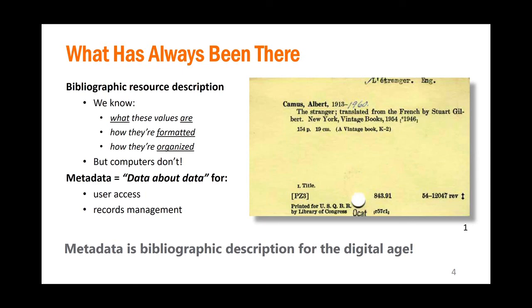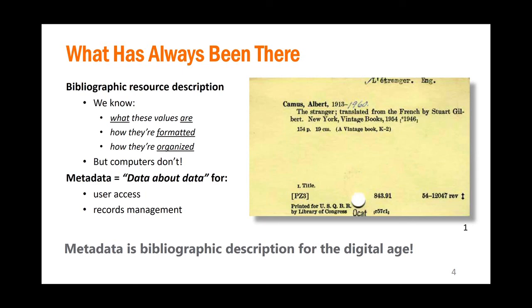That is metadata. Metadata is that underlying structure, that intuitive understanding of what each piece of information is. It's just that now we've made it a distinct manifest practice by assigning explicit labels to those aspects of resource description. And it has been made a manifest practice with the development of computers.